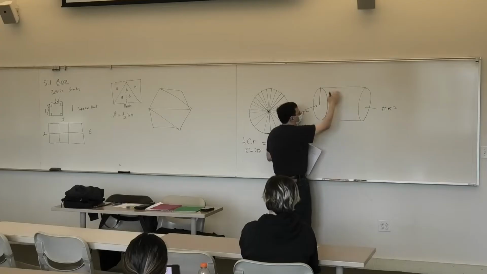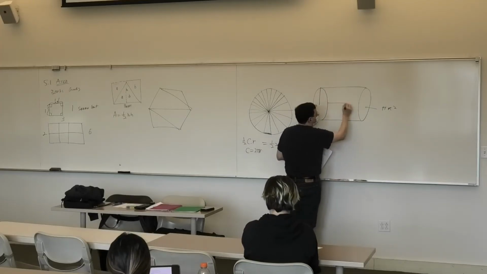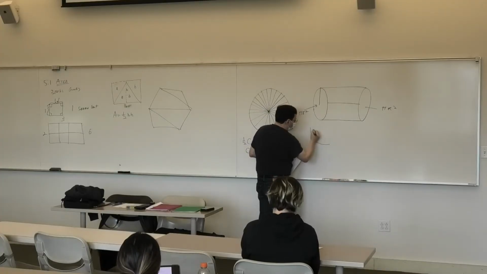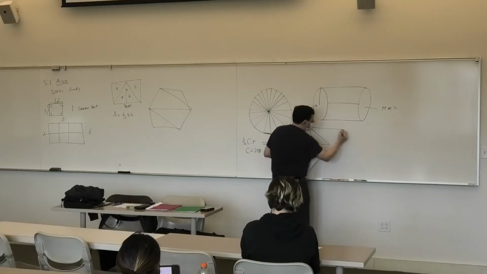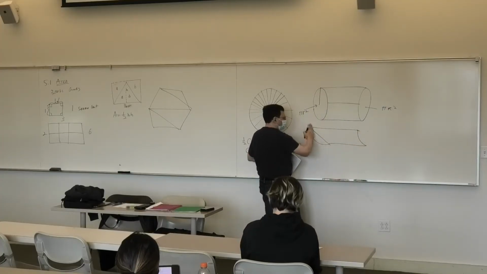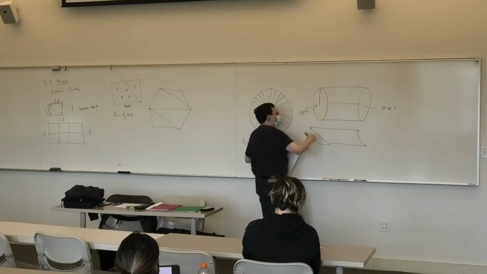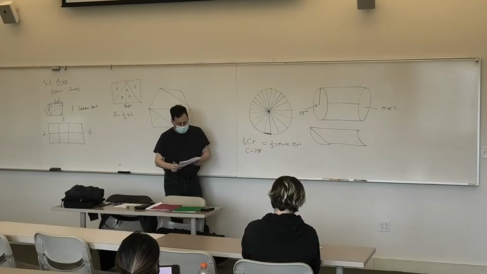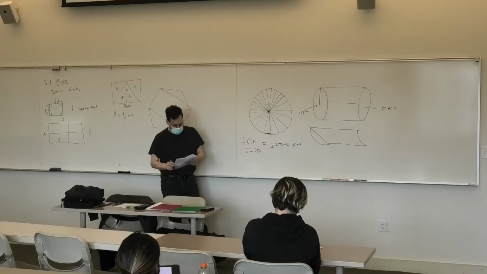But as far as the cylinder itself, you can cut it and unroll it. It's basically a rectangle where one of its sides is the length of the circumference. So we can figure out the surface area of a cylinder that way.